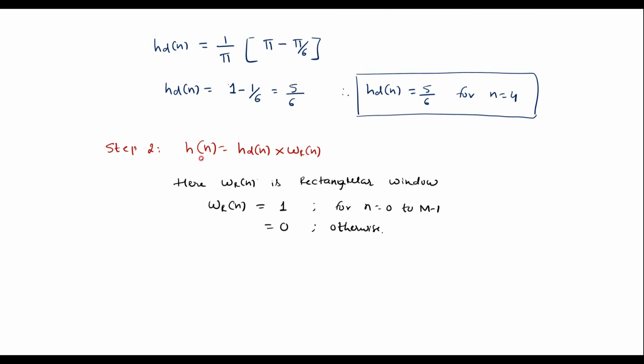So therefore the impulse response h of n can be written in terms of hd of n, which we have already calculated. Therefore, h of n is equal to hd of n, which is sine pi of (n minus 4) minus sine pi by 6 of (n minus 4), whole divided by pi of (n minus 4).